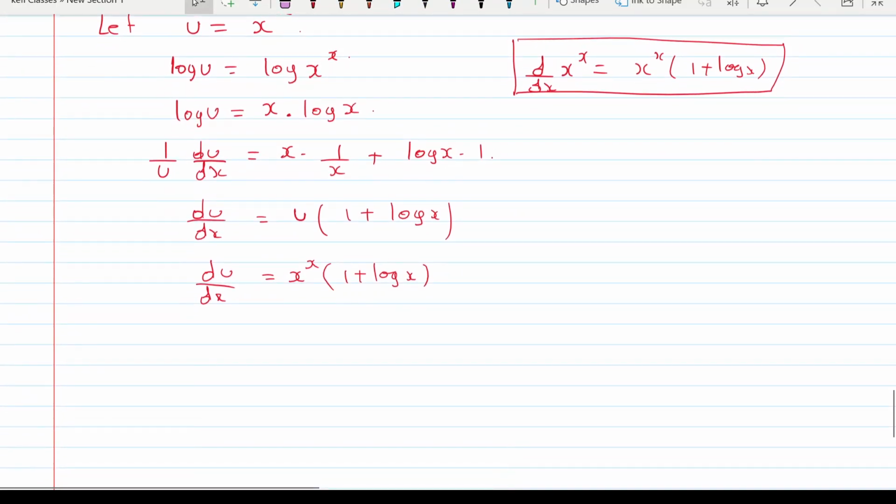ओके, सो ये du by dx हो गया। The only way we will write this is d by dx of x raised to x is x raised to x into 1 plus log x.